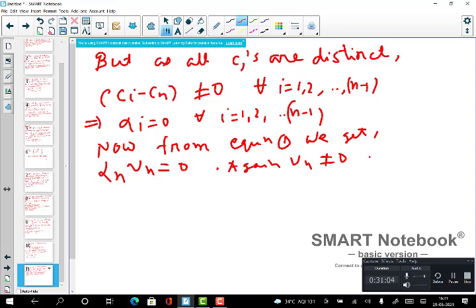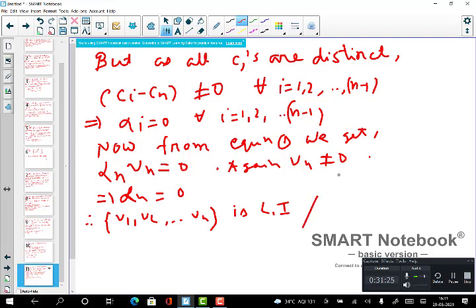This implies alpha n equal to 0. So that's what we prove. We prove that all those alpha 1, alpha 2, up to alpha n are 0. So thus this V1, V2 and so on up to Vn forms a linearly independent set over F. Okay, so this was the theorem.